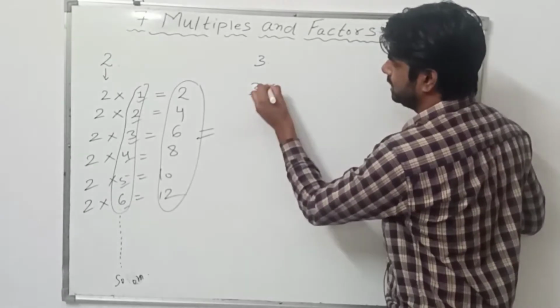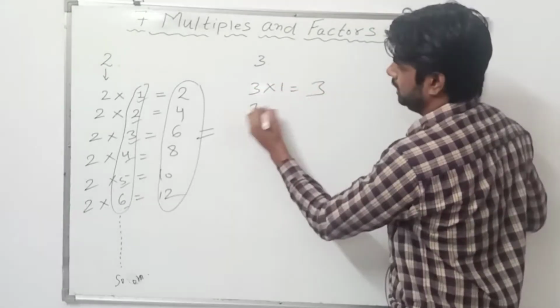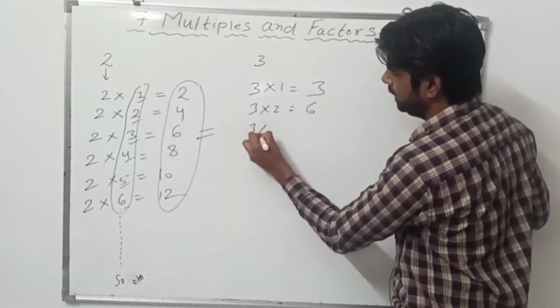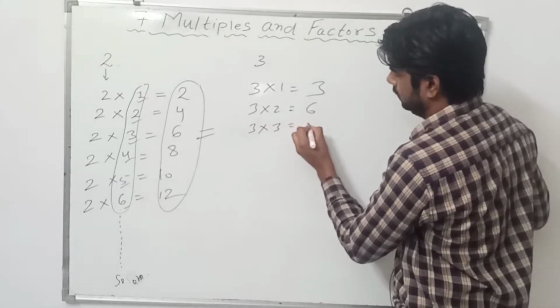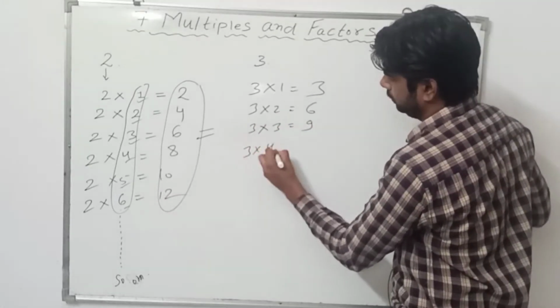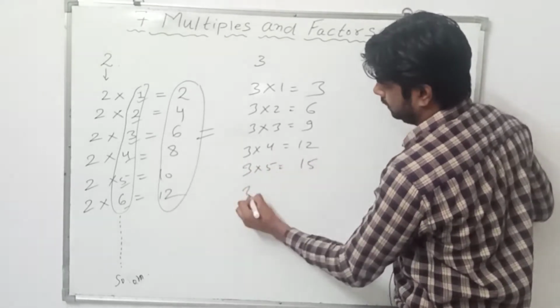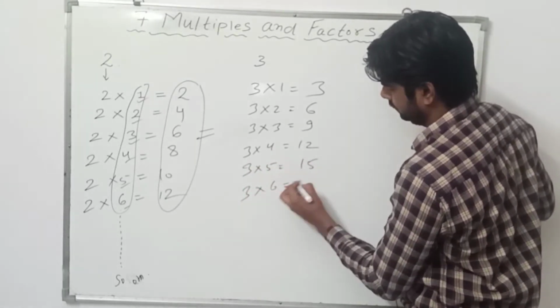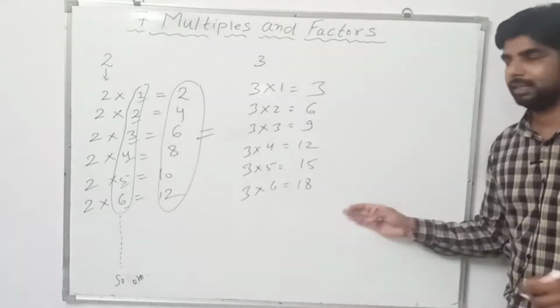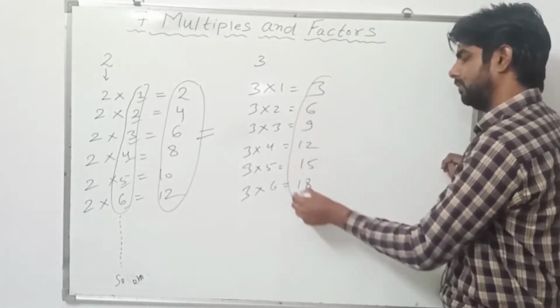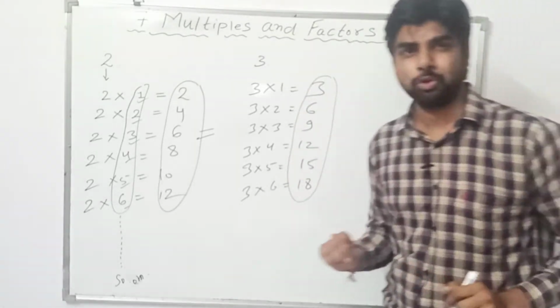We multiply this 3 by 1, 3 by 2, 3 by 3, 3 by 4, 3 by 5, 3 by 6. What we get? 3, 6, 9, 12, 15, 18. They are all multiples of 3.